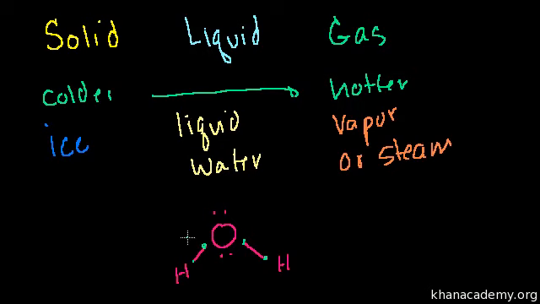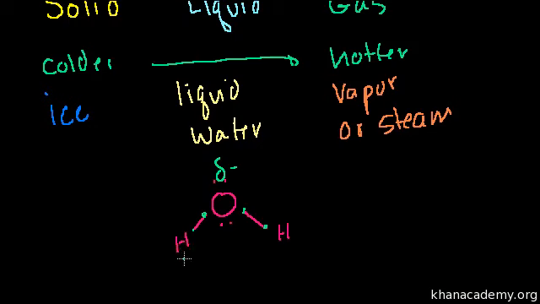But because of the relative electronegativity of oxygen, it's hogging these electrons. And so the electrons spend a lot more time around the oxygen than they do around the hydrogen. And what that results in is that on the oxygen side of the molecule, you end up with a partial negative charge. And we talked about that a little bit. And on the hydrogen sides of the molecule, you end up with a slightly positive charge.